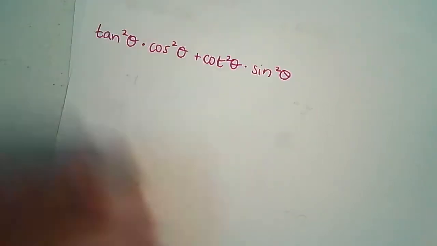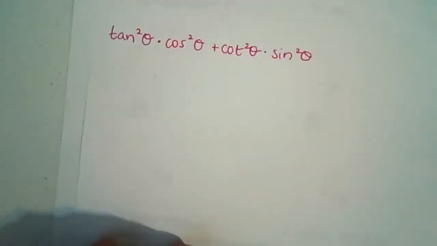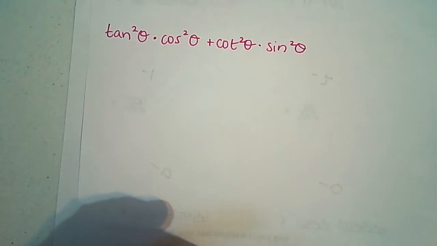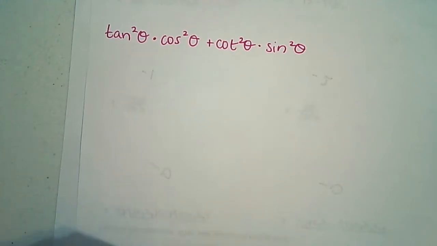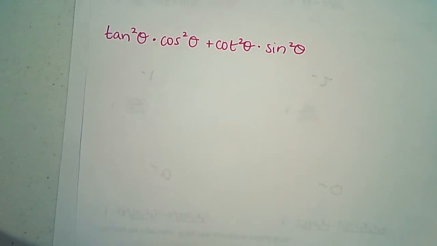All right, here's our next one. So we have tangent squared times cosine squared plus cotangent squared times sine squared. Let's see, if we think of order of operations, order of operations says we do multiplication first.